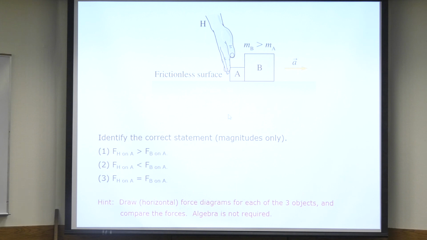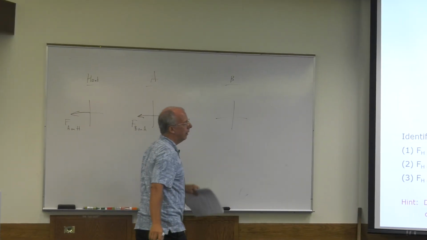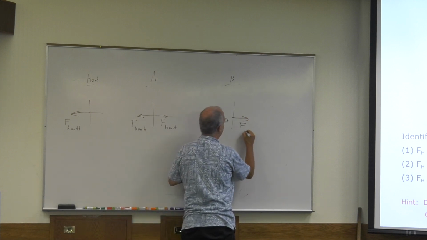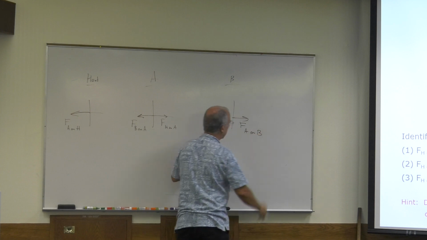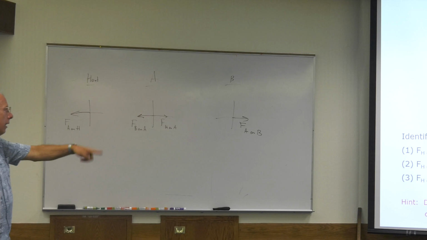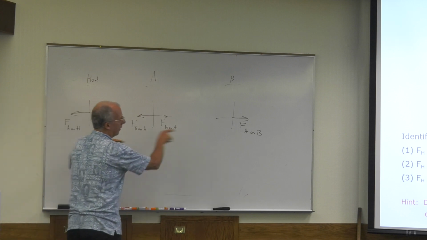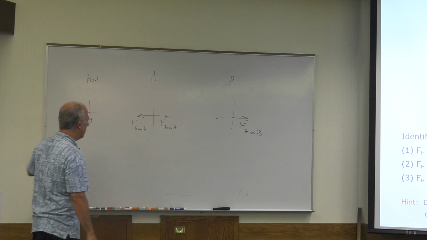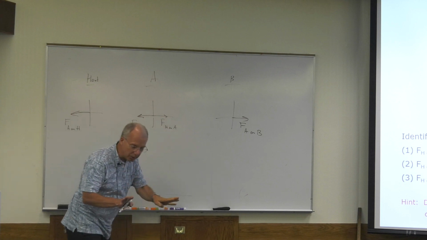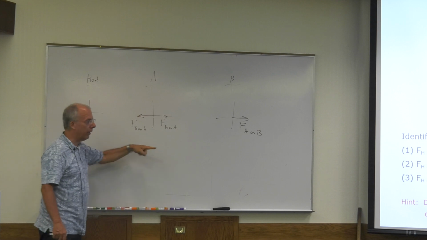Okay, then let's do B. What are the forces acting on B? Well, just A, right? So here we have the force A on B. All right, now, it says it's accelerated, right? So there's an acceleration this way. Well, if there's an acceleration this way, doesn't this force, remember magnitudes, doesn't this force have to be greater than that force, magnitude, if it's accelerating that way?